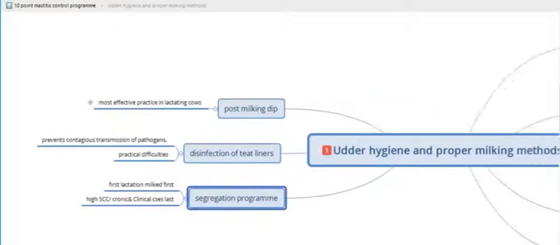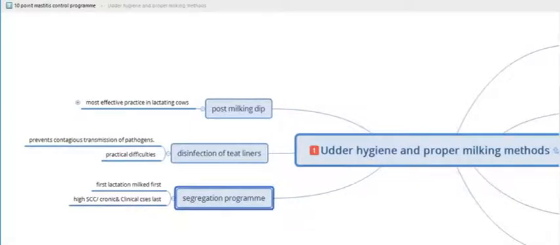The segregation says that first lactation cows should be milked first, because they have the least probability of having contagious mastitis or subclinical mastitis. High somatic cell count cows, chronic cases, and clinical mastitis cases should be milked in the end. So that is the segregation program.